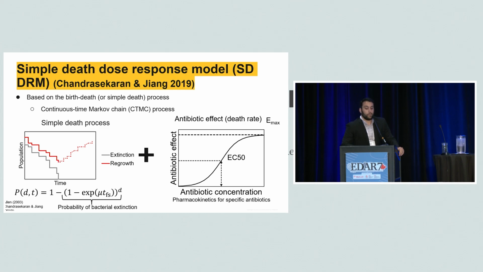So the simple death dose response model combines that fundamental idea with the previous models that I showed. For example, shown here in the equation is the simple death dose response model version, I like to think of it, of the exponential model, where we take the survival probability of the exponential model, R, and relate it to this simple death rate mu, multiplied by the time point that I show in the middle of the graphic, TFS, raised to the power of the total dose.